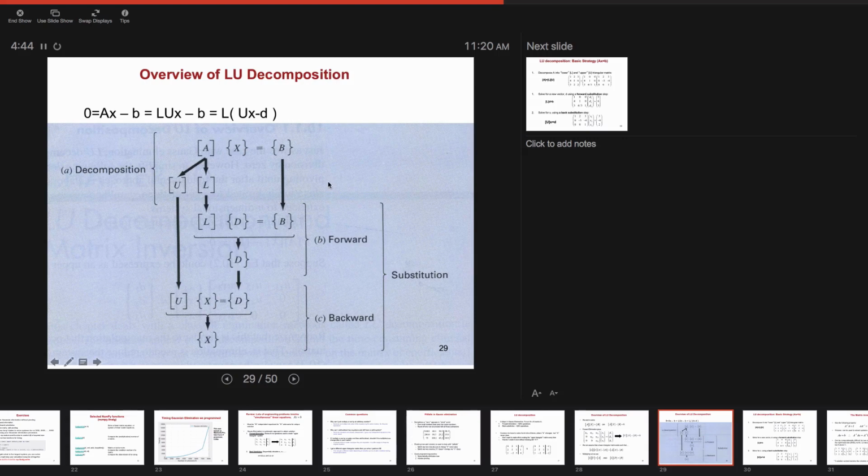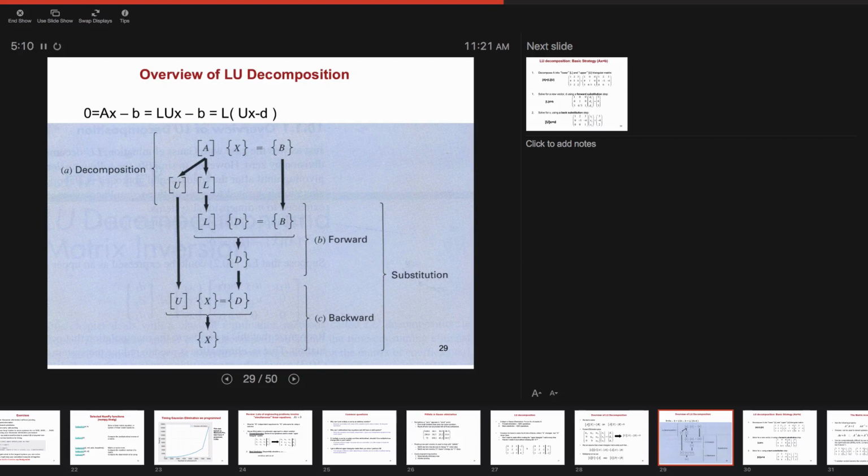Since this is a lower triangular problem, it's forward substitution. We had backward substitution, and there's forward substitution. So it's a relatively easy problem to solve. And this UX equals D is a backward substitution. So I'm splitting things into three steps.